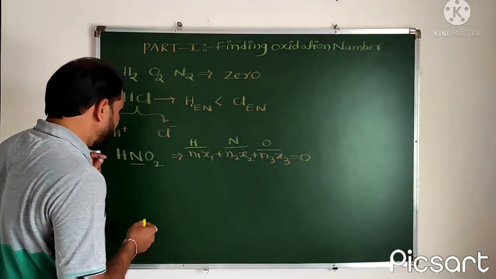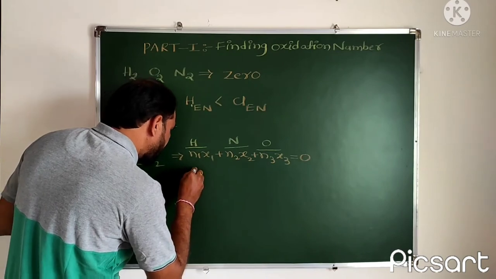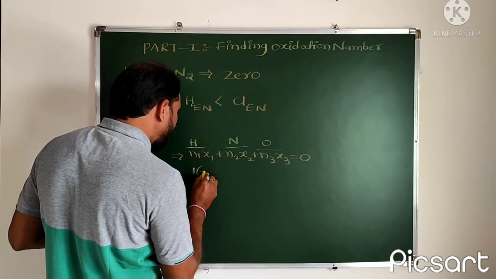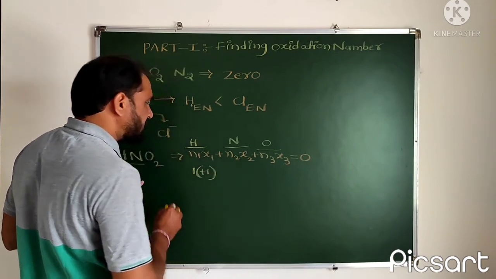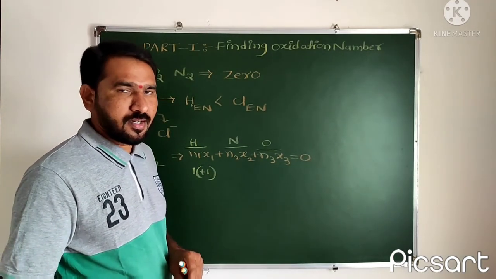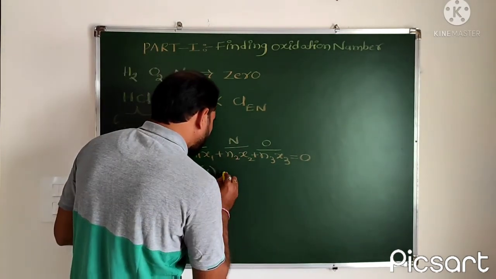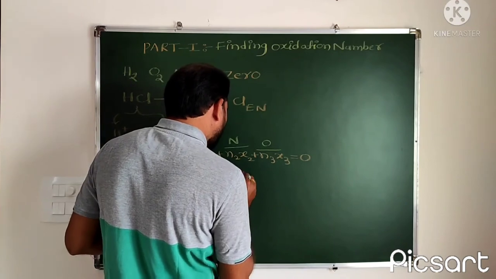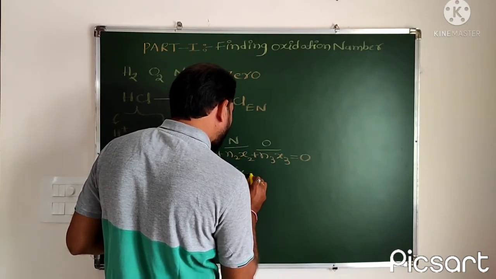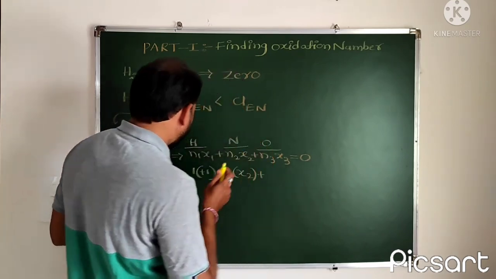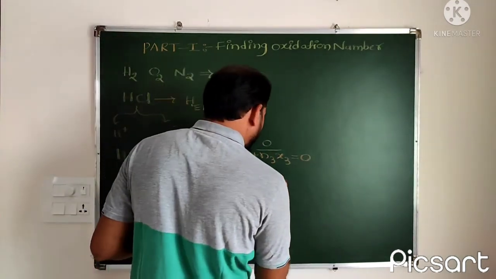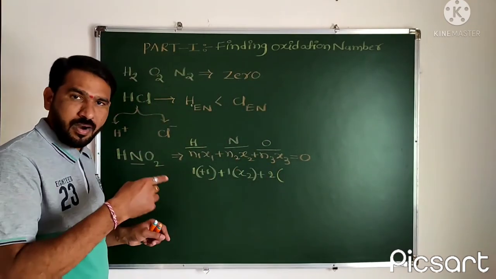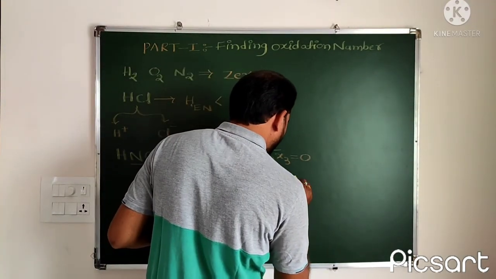Let me discuss here. Number of hydrogens: one hydrogen is there, and its oxidation number is plus 1. This is the general oxidation number of hydrogen, right? Then coming to nitrogen, the number of nitrogens is 1, into its oxidation number X2 which we need to find, plus N3, the number of oxygens in the molecule is 2, and the general oxidation state of oxygen is -2, right?